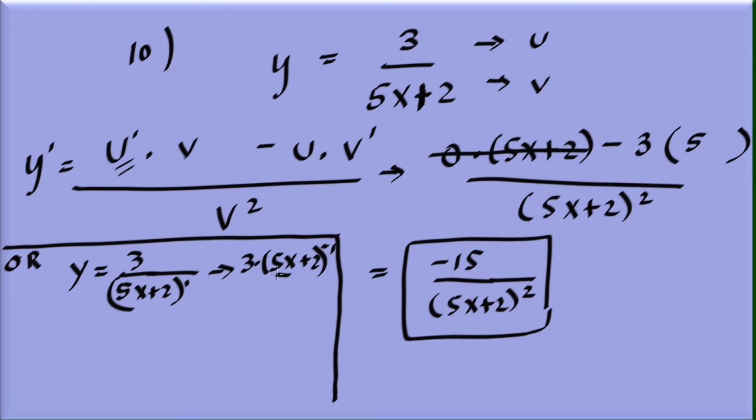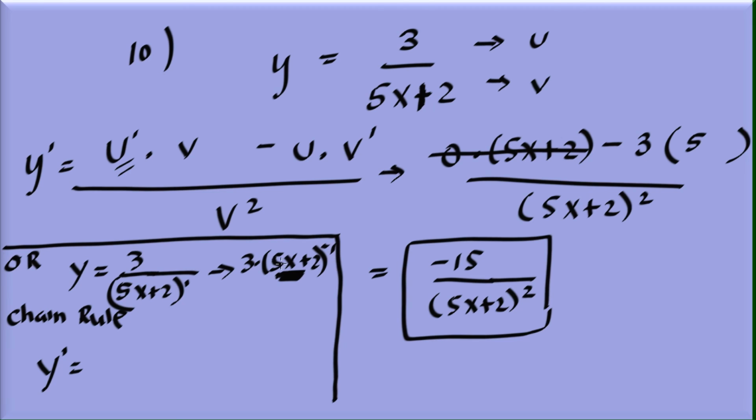Because inside this parenthesis is not a plain x, we cannot simply use the power rule for this. We have to use the chain rule. So by the chain rule, y prime is going to be like a power rule with one extra step. So first step is use the power rule.